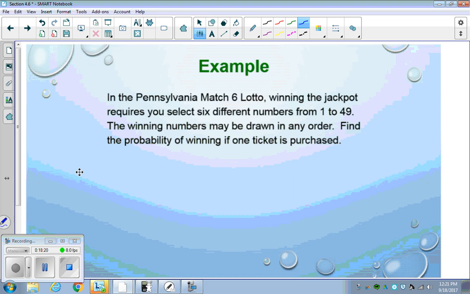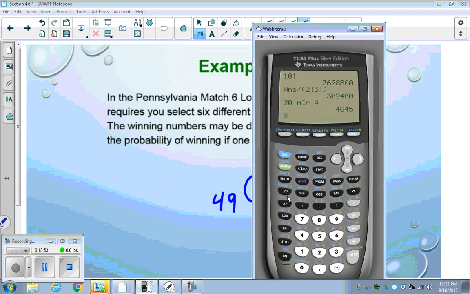What are you going to do? How many numbers between 1 and 49? 49, because I don't have 0. So 49 possible. And it's a combination, permutation? Combination. And how many do I have to get right? 6. And that's the last slide.